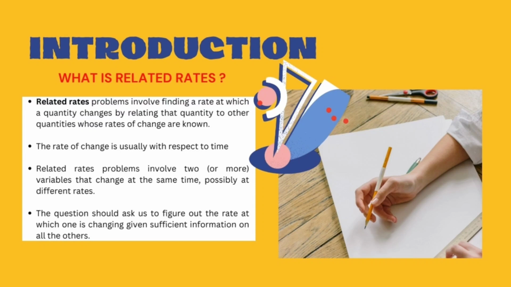Related rate problems involve two or more variables that change at the same time, possibly at different rates. The question should ask us to figure out the rate at which one is changing given sufficient information on all the others.